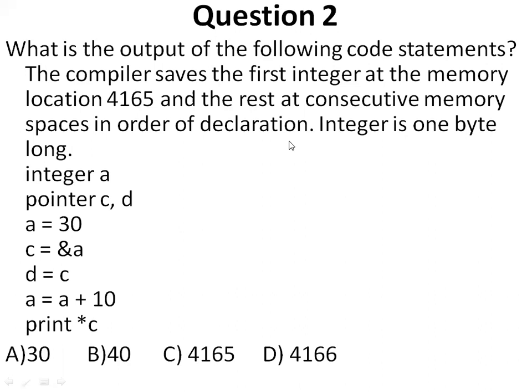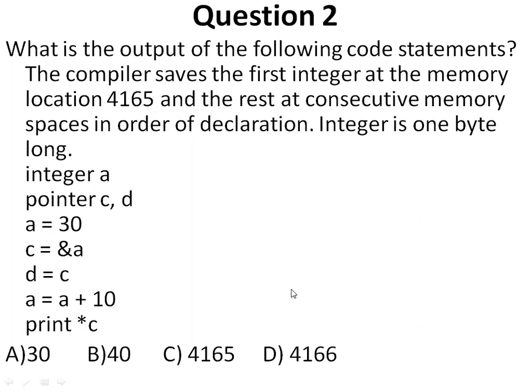Yeah, I got one answer. Shashikant Karna says 30, so option A is selected. What about others? Yeah, try to analyze the statements.